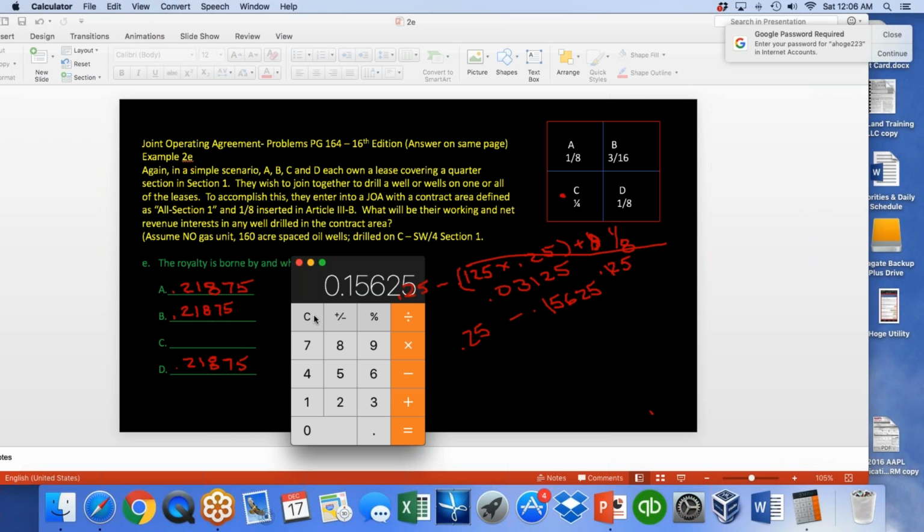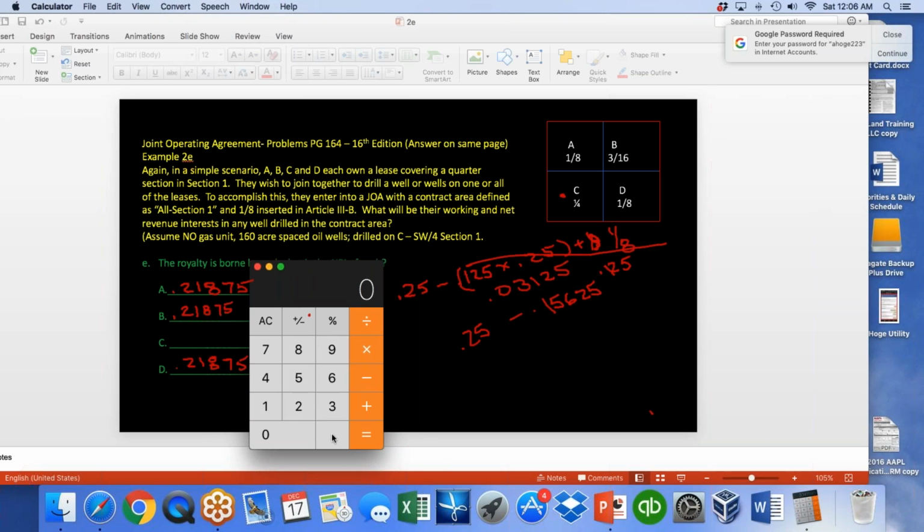So let's see what that looks like. Let's clear this out. It's 0.25 minus 0.15625.